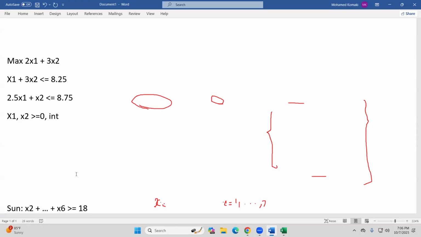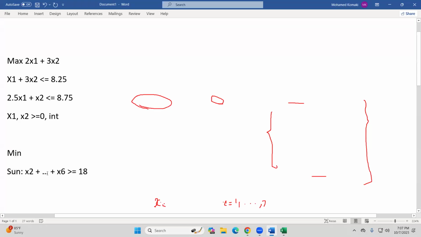So when you have objective function minimization, you can put the constraints in the form of greater than or equal to, okay? But when you have maximization, you can put them in the form of less than or equal to. That's the argument that you can make. So this is for Sunday. Do you all agree?